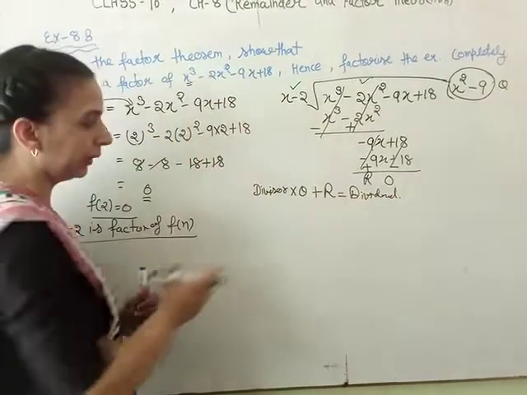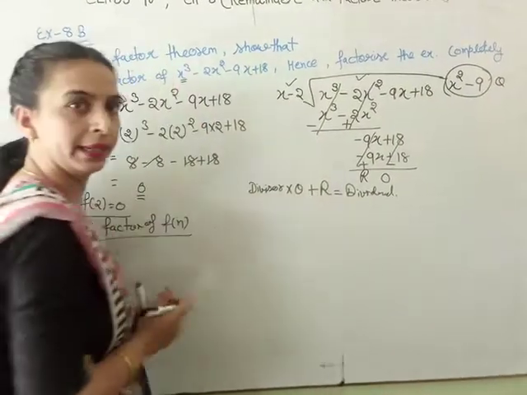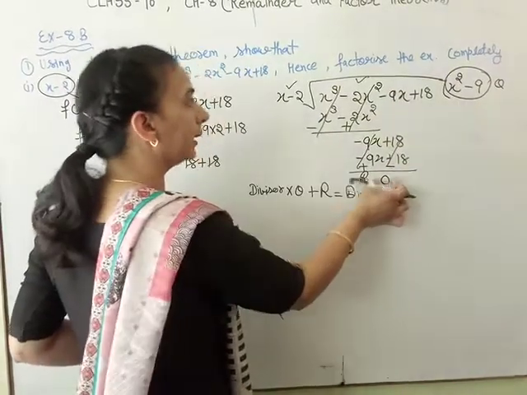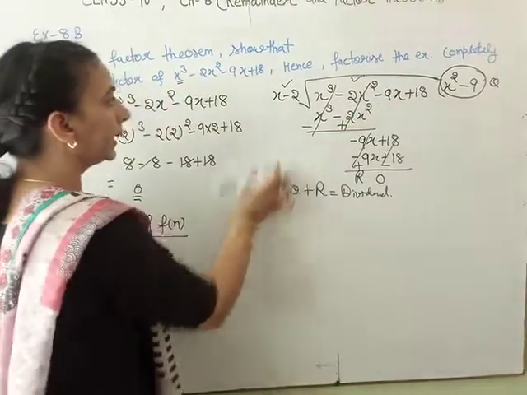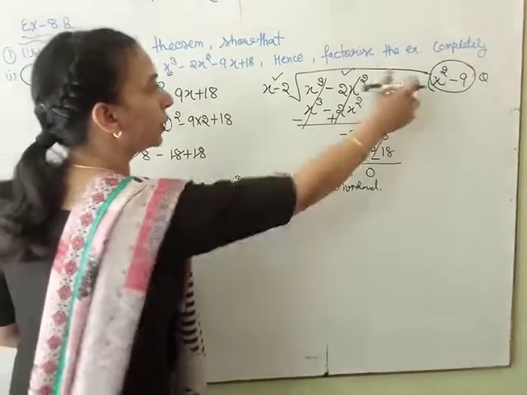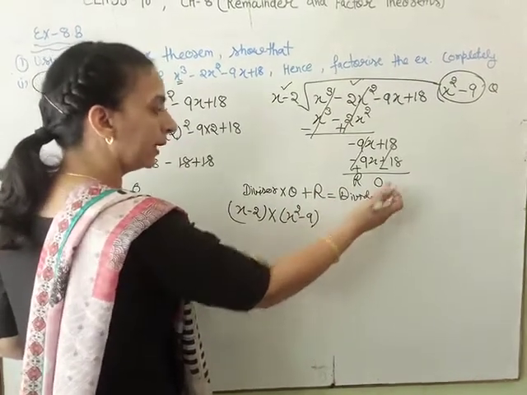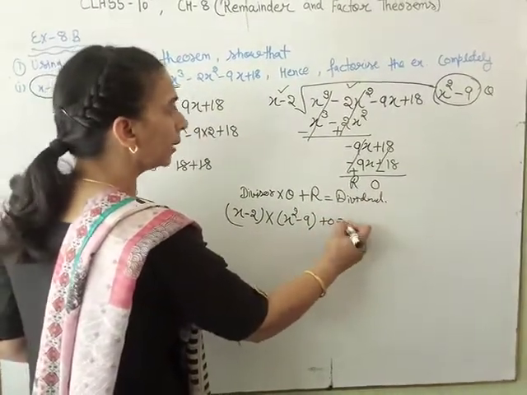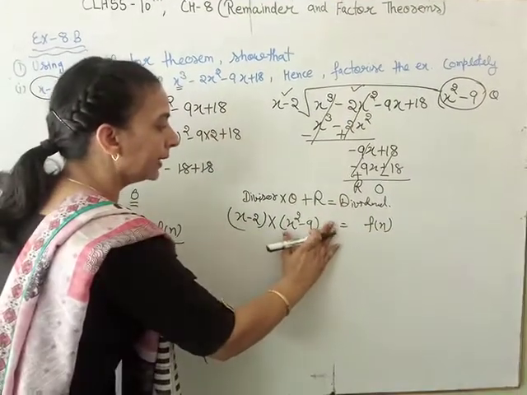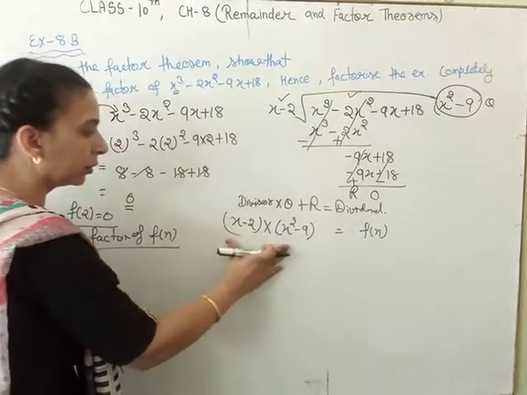So we write divisor x minus 2 multiply quotient x square minus 9 plus remainder. Remainder equal to 0, plus 0, then equal to this expression f of x. If we add 0, then there is no change. So we have this expression equal to this.